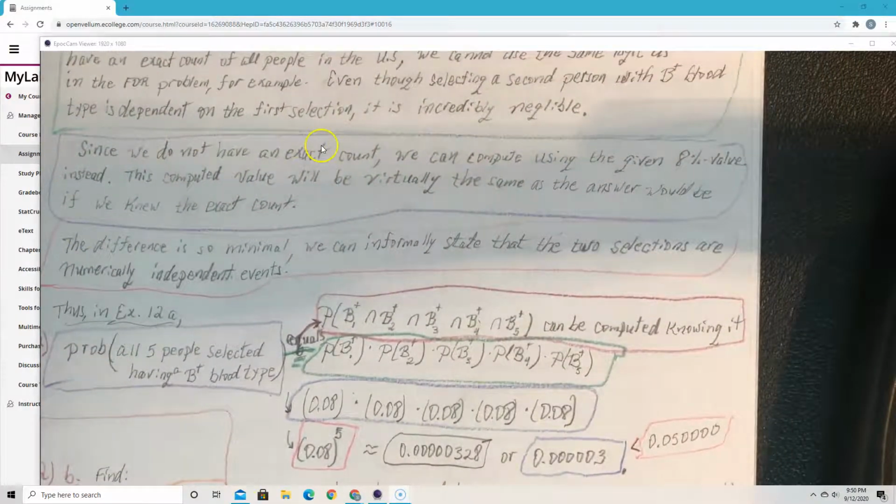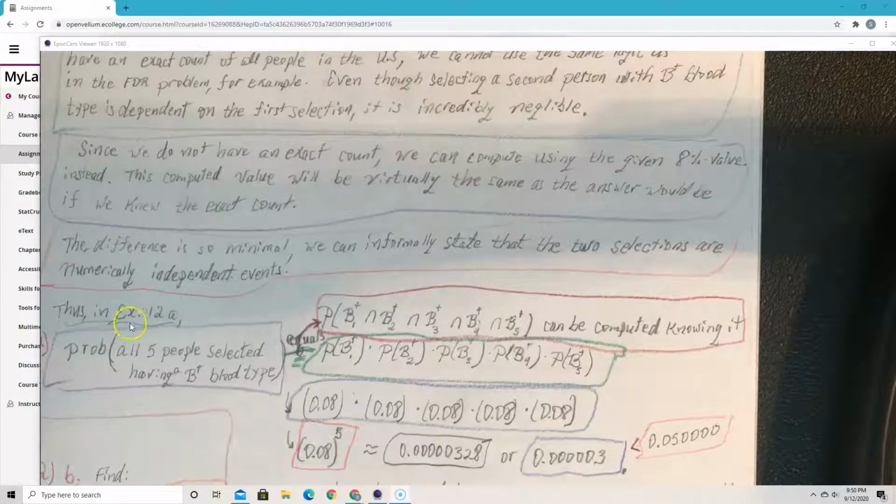So since we do not have an exact count, we cannot do what I just did on Desmos. We can only compute using the given 8% value instead. This computed value will be virtually the same as the answer would be if we knew the exact count, which I just tried to show you.